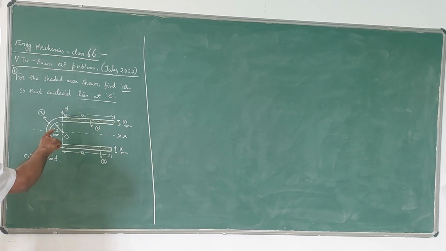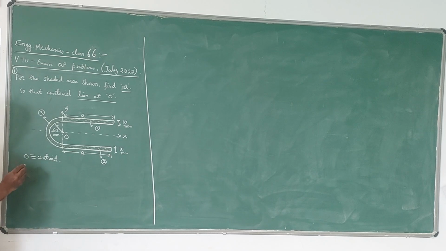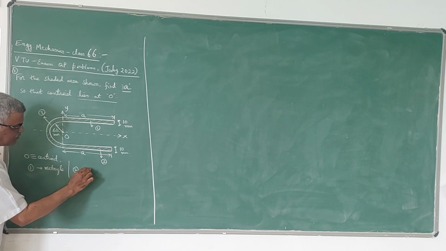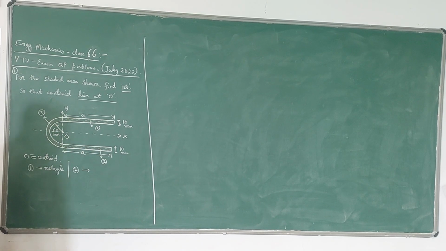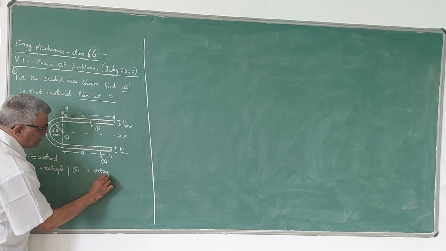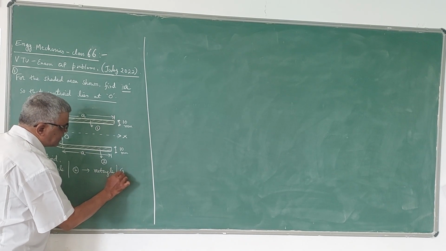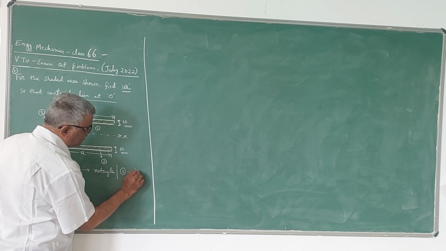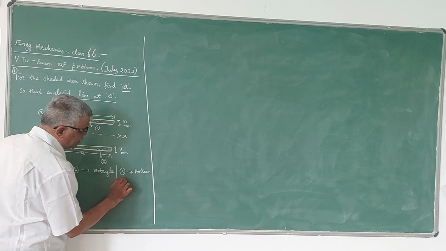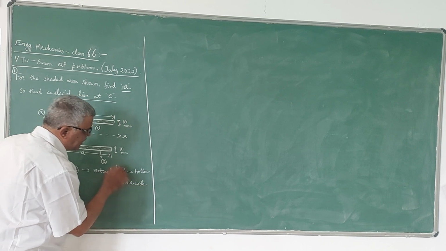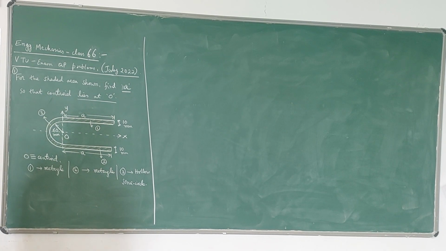The first one is a rectangle, and I am splitting this shaded area into 3 areas. 2 is another rectangle, and 3 is a hollow semicircle.